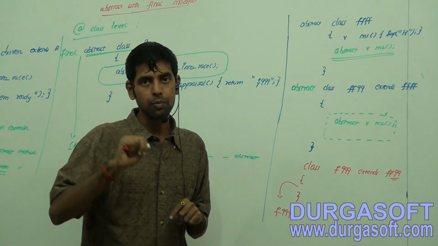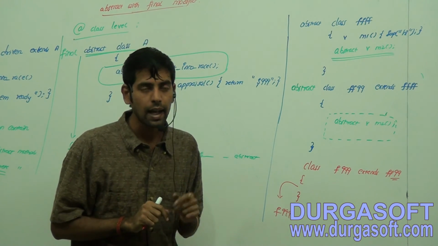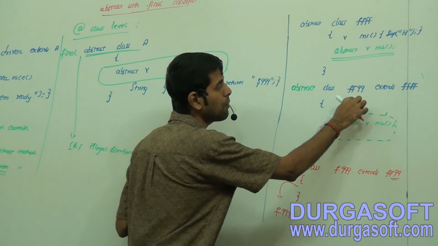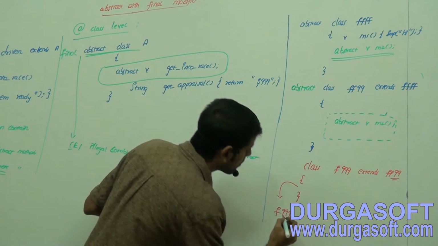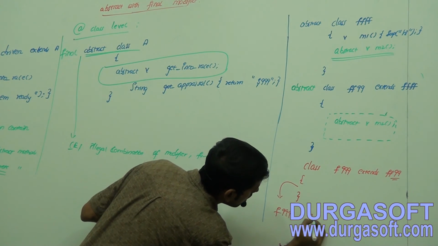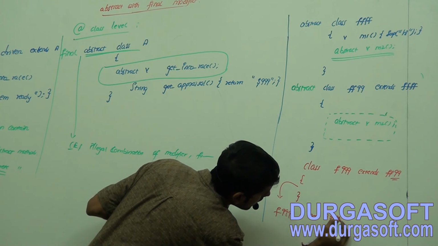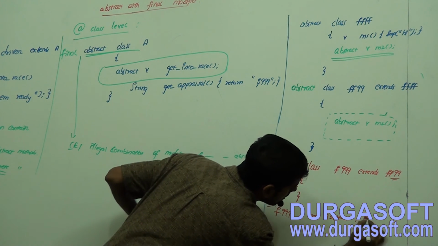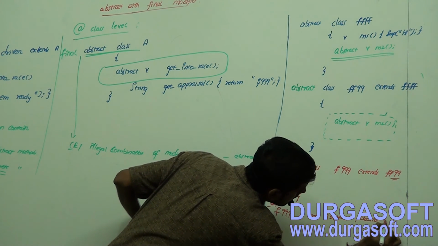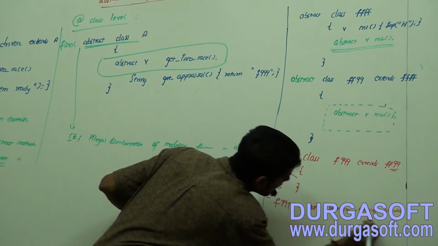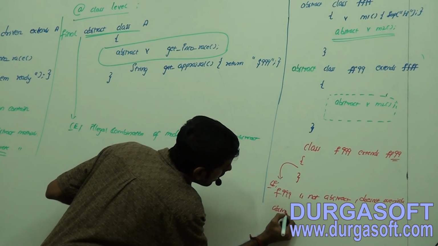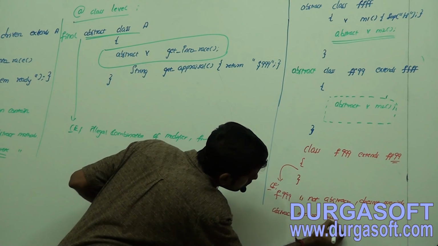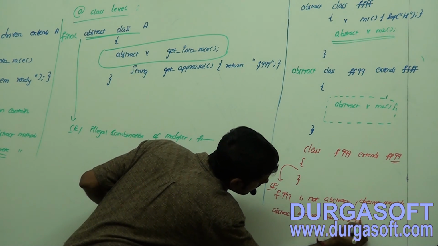F999 is not abstract and does not override abstract method M2 in FF99, friends.